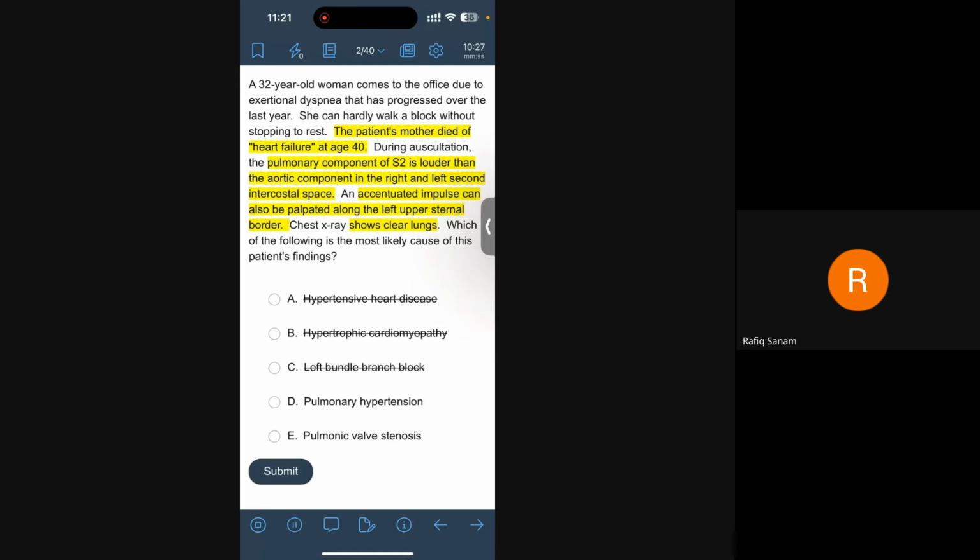That occurs due to right ventricular hypertrophy. And why is there right ventricular hypertrophy here? Because there is pulmonary hypertension, which is leading to increased afterload on the right side of the heart, leading to right ventricular enlargement.